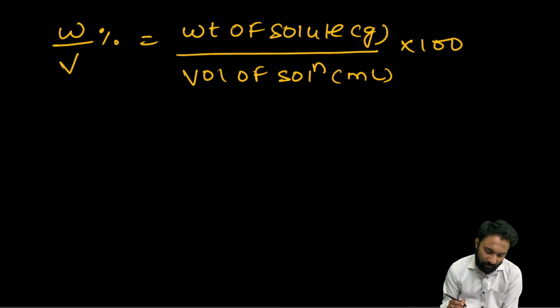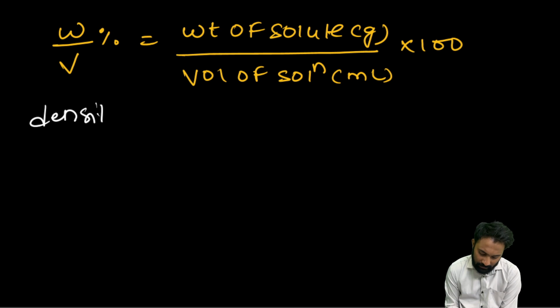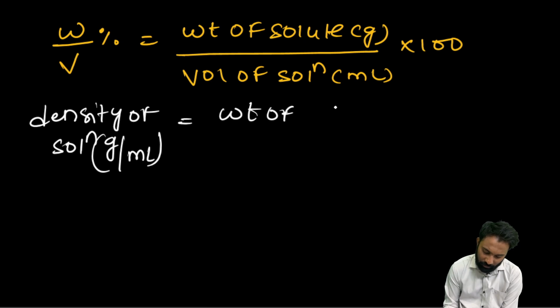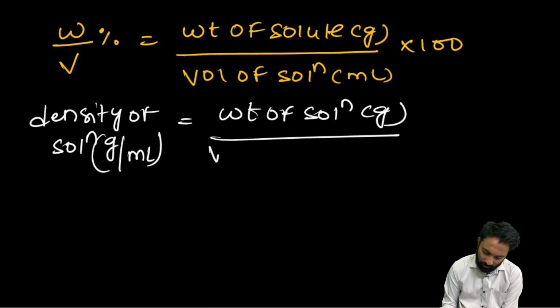Now in this weight by volume percentage, what is the density formula? Density of solution, with unit gram per ml, is equal to weight of solution in grams by volume of solution in ml, right?